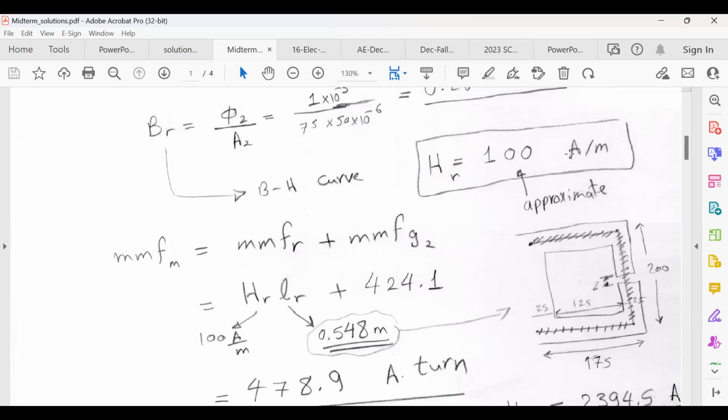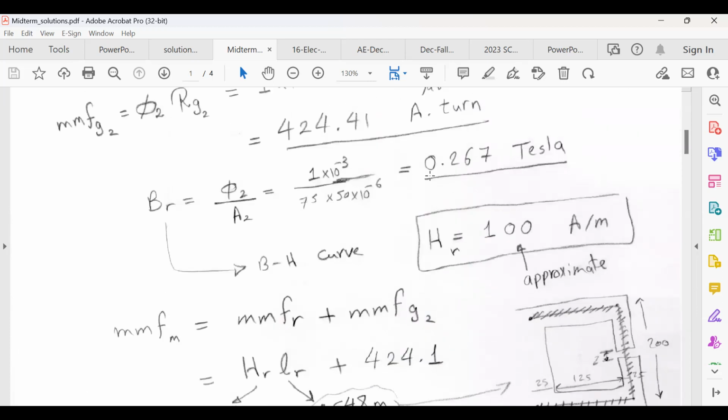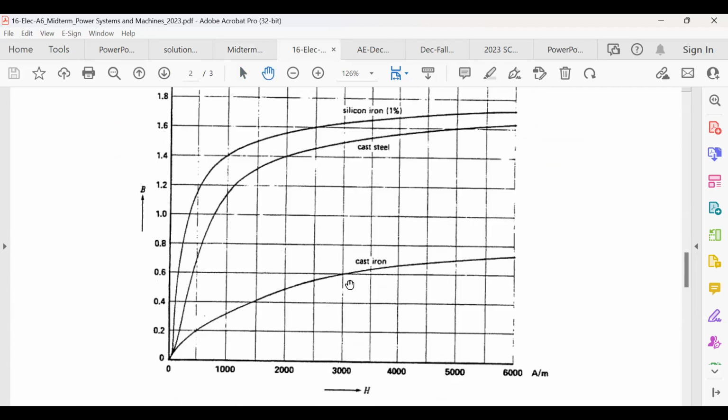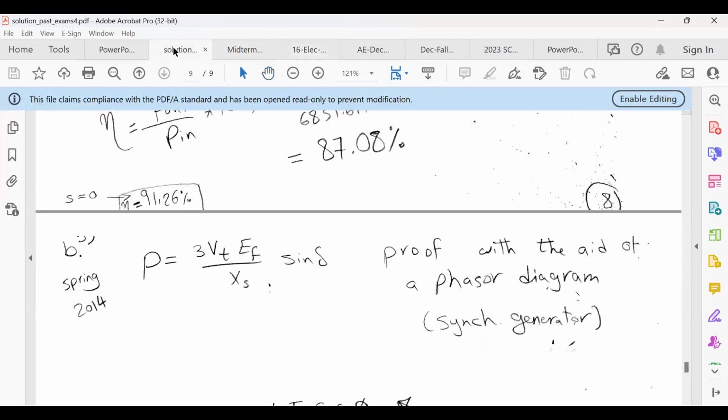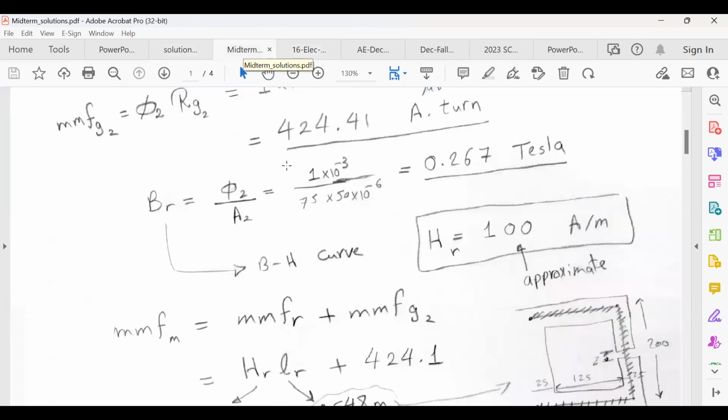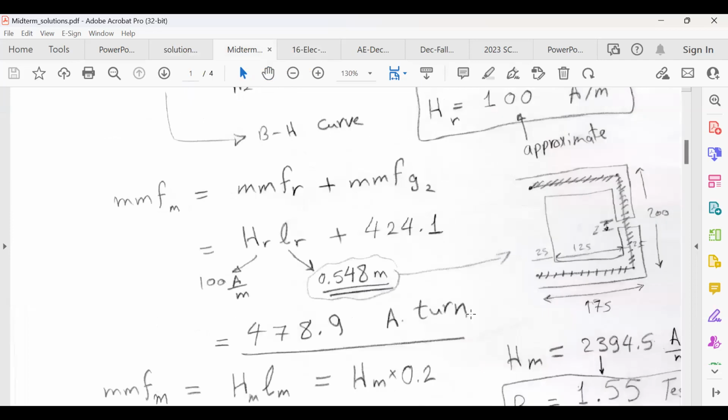But you can get 120, 190, or something close to 100, maybe 50. It depends. If you look at the B-H curve for 0.267, you will find it's very difficult to read from the 0.26 something here. So it's almost impossible to get the same number. This is one note.